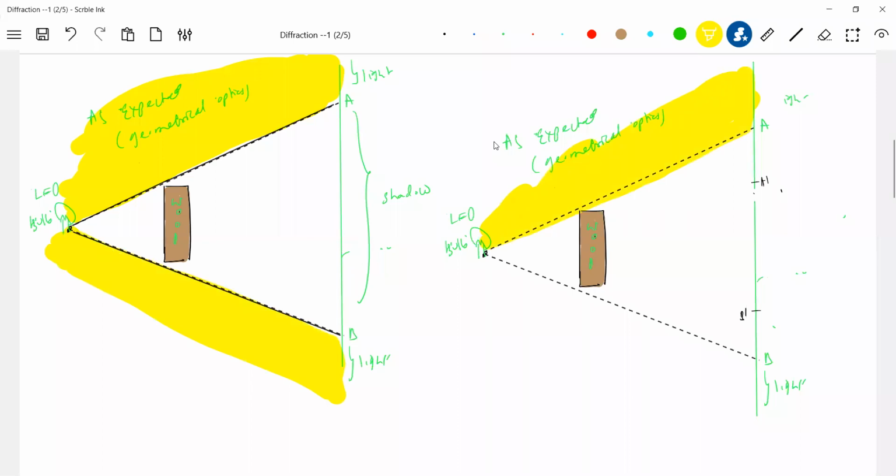So here the light will encroach, till A dash. Why? Because of bending of rays of light. Actually, light should be there, it will go and strike the wood. I'm not showing that because I'm not interested in that part. But if you look at the brightness, the brightness at B dash will be less than B.